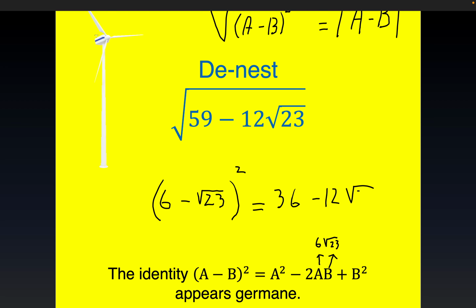And then you're going to get the square root of 23 squared, which is plus 23. Well, guess what? This is equal to 59, which is the radicand, right? When you sum up these two integers, 36 and 23 is 59, minus 12 root 23.